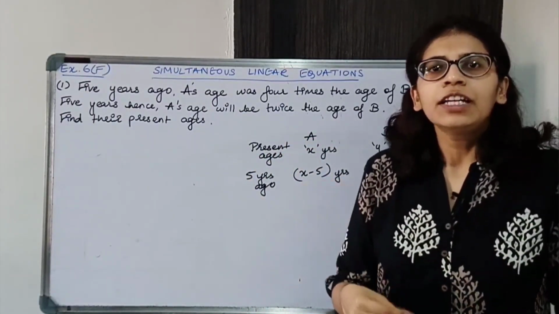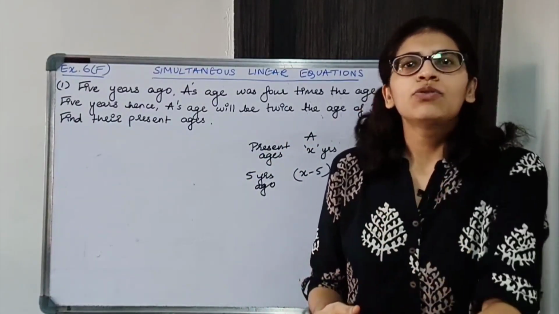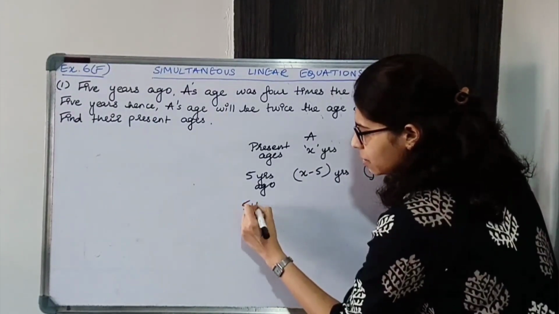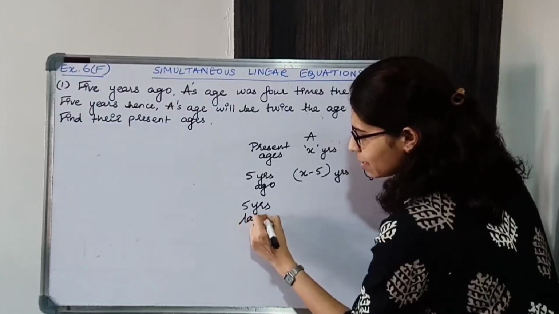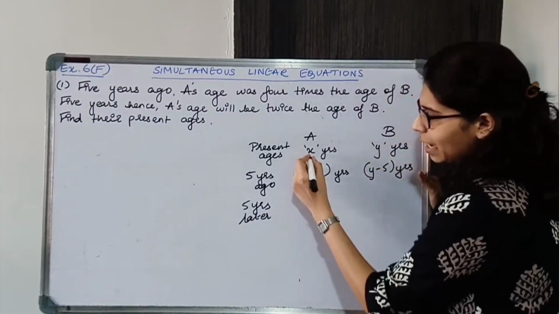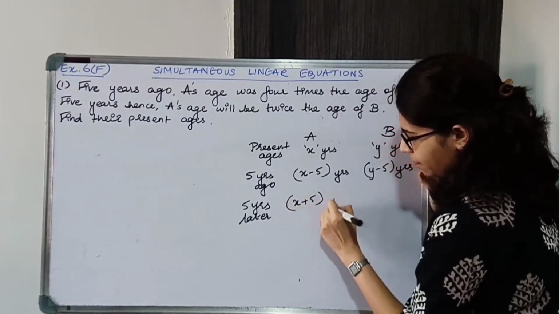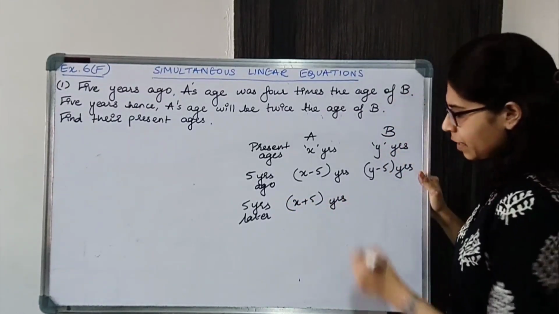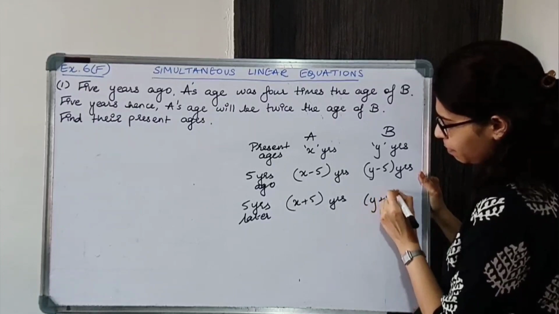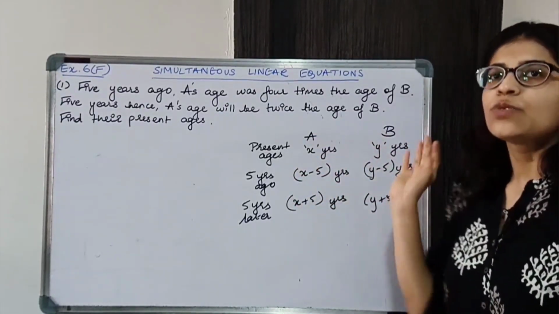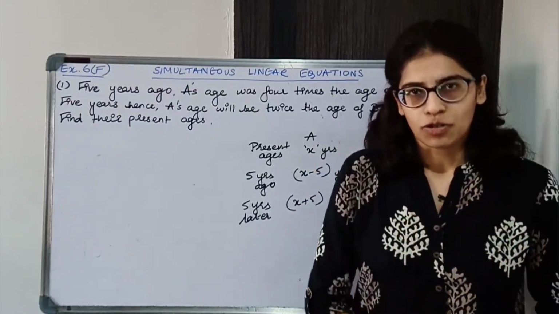If currently you are 10 years old, after 5 years you will become 15. So 5 years later or 5 years hence, it will be X plus 5. And same thing over here, Y plus 5. Once you get this, it's very easy to frame the equations.